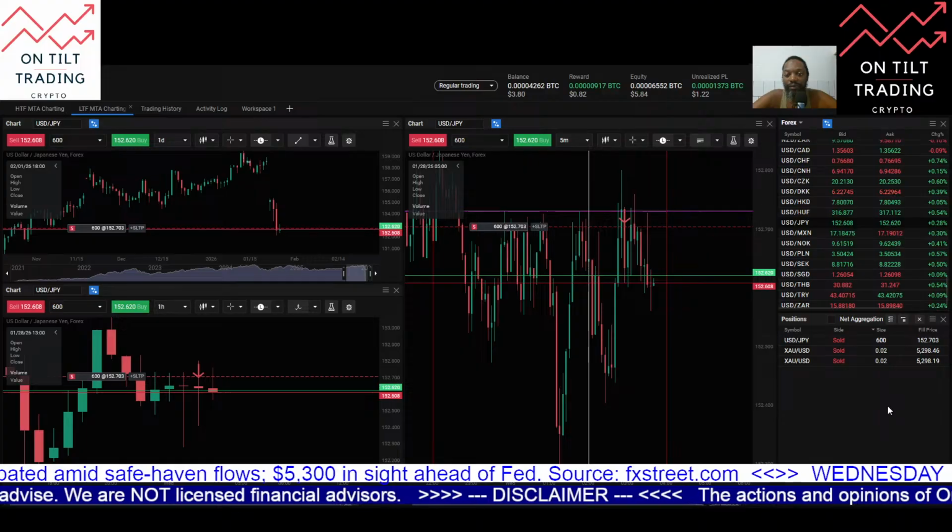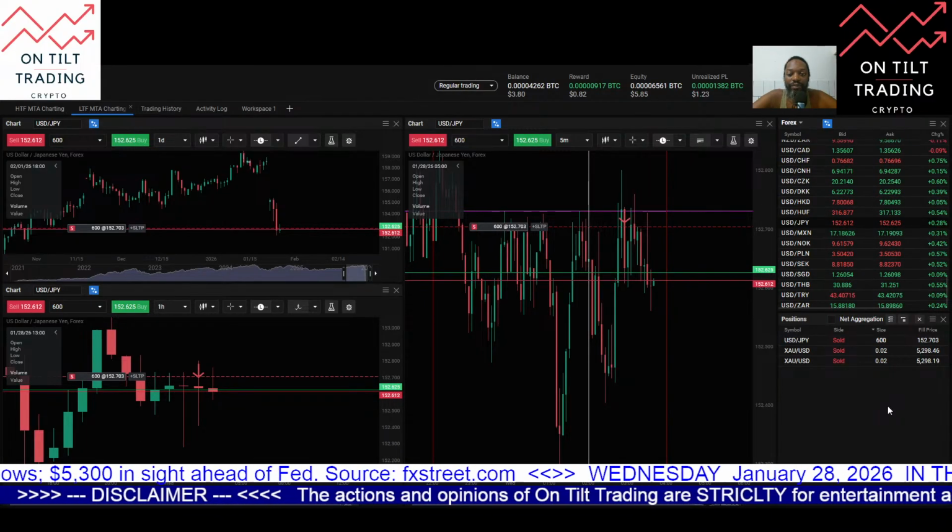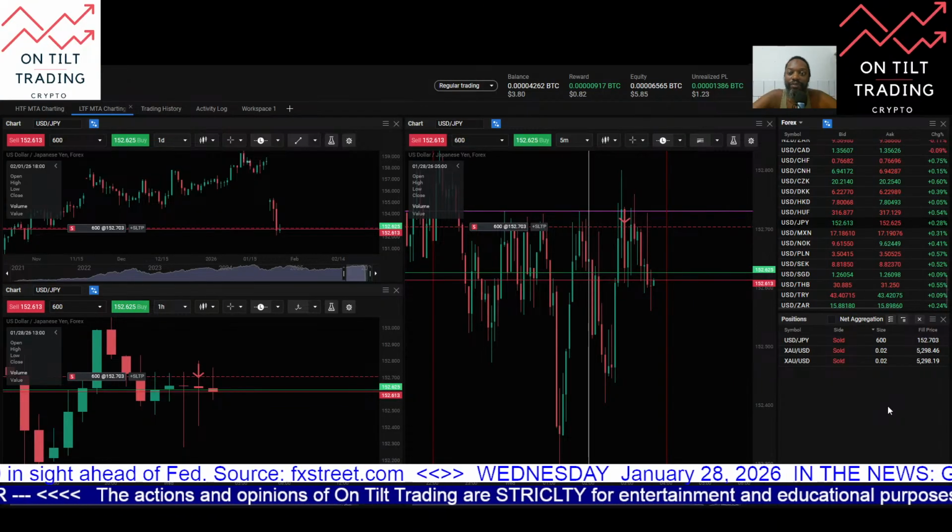Potentially a body candle close below the swing that was just traded below here in the previous 5-minute candle.